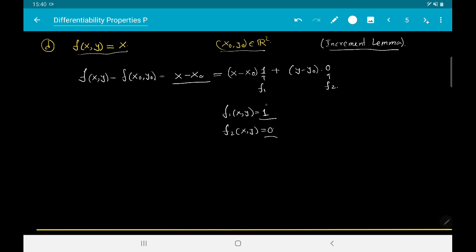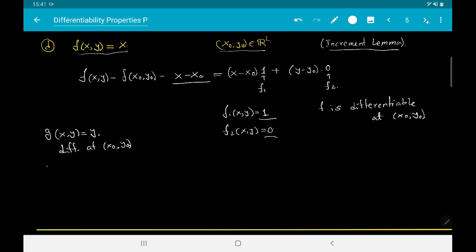So you can of course see that these constant functions are continuous everywhere. So what does this give me is that f is differentiable at (x0, y0). So one could similarly define a function g(x,y) to be equal to y, and this will give me that this function is also differentiable at (x0, y0).